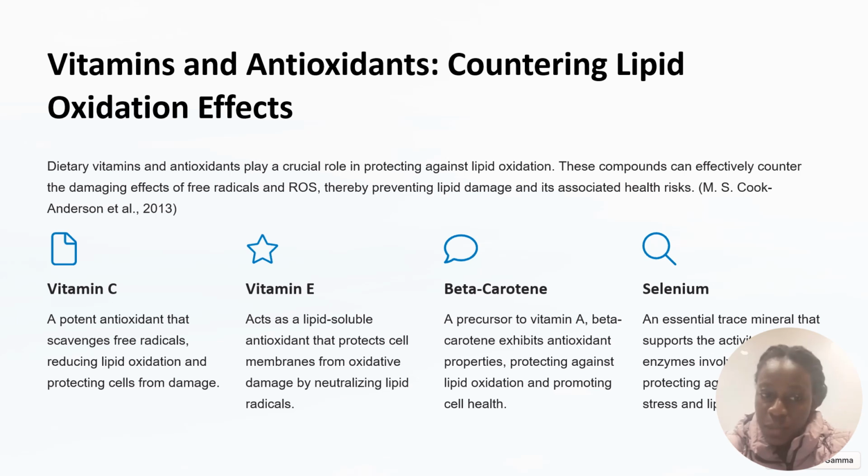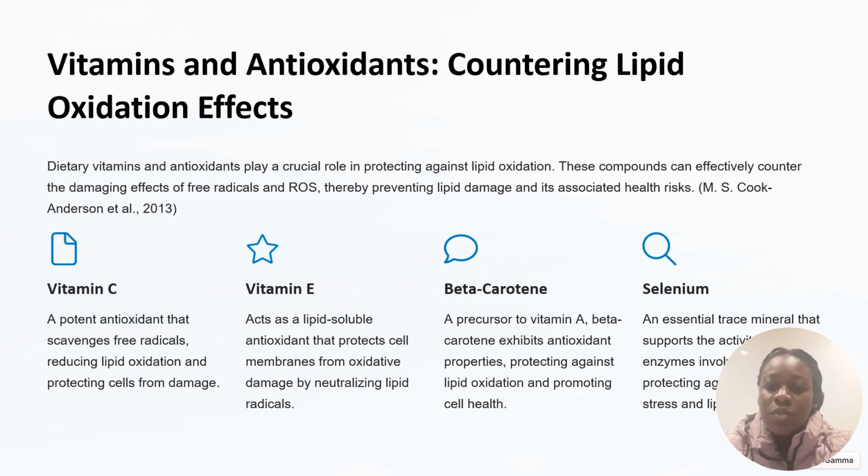To start with vitamin C, a potent antioxidant that scavenges free radicals, reducing lipid oxidation and protecting cells from damage. Vitamin E acts as a lipid-soluble antioxidant that protects cell membranes from oxidative damage by neutralizing lipid radicals.